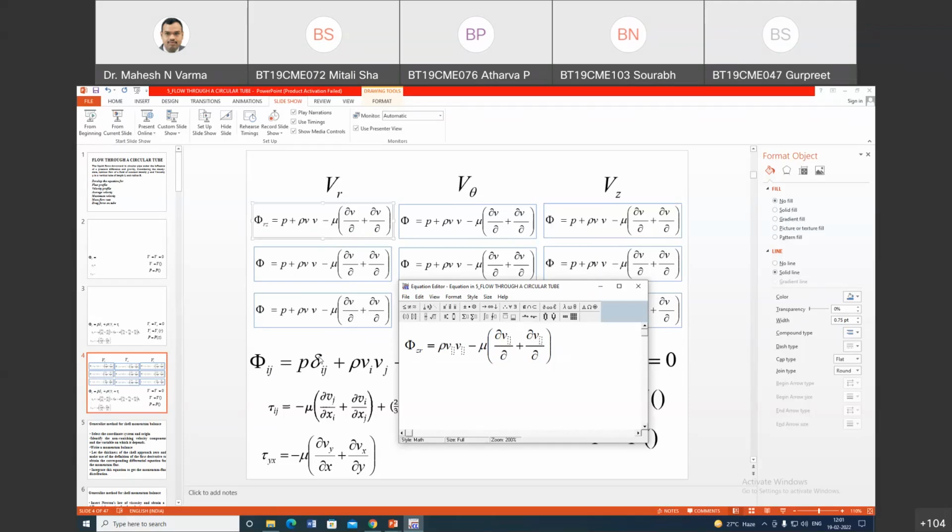So what is this? What will be the suffix here? Related rho also. Where is rho? What is the velocity suffix here? Sir, it will be vrz. Velocity will have two suffixes. Sir, means vr into vz.